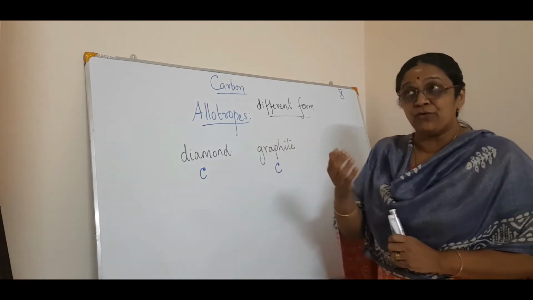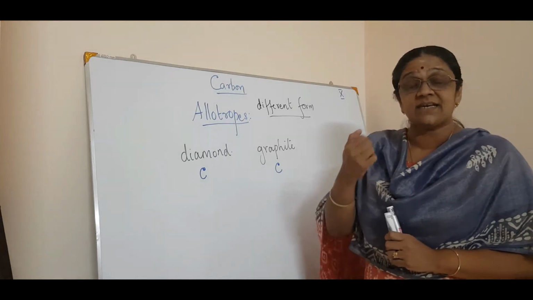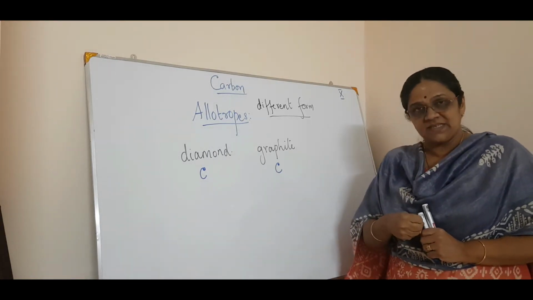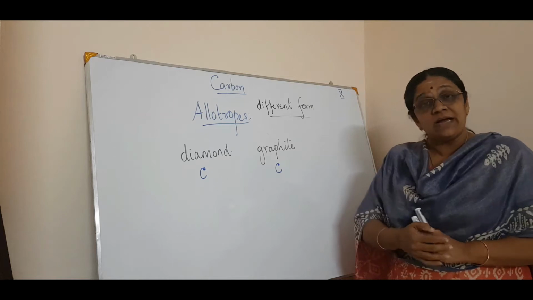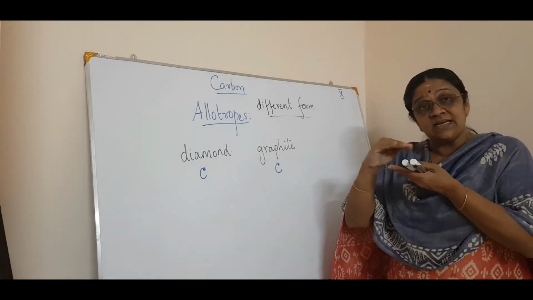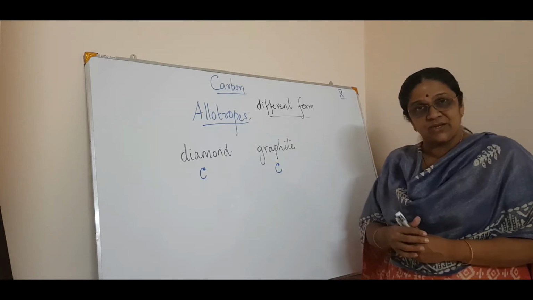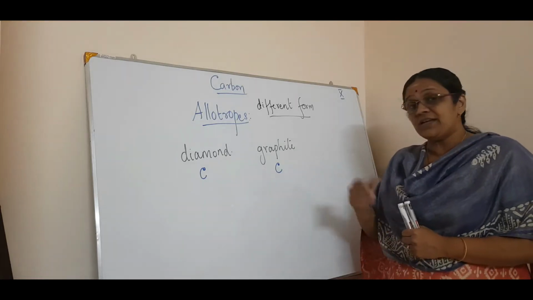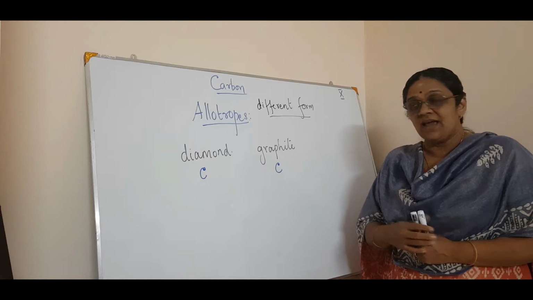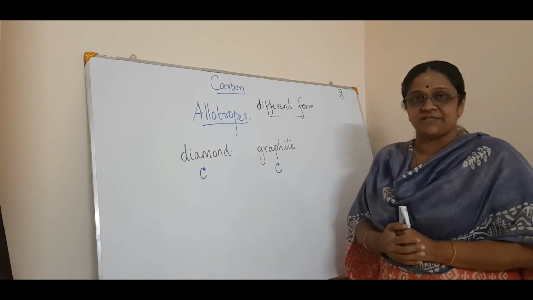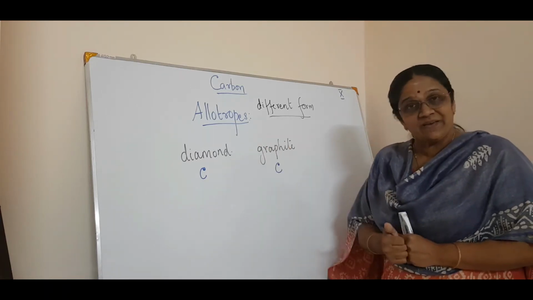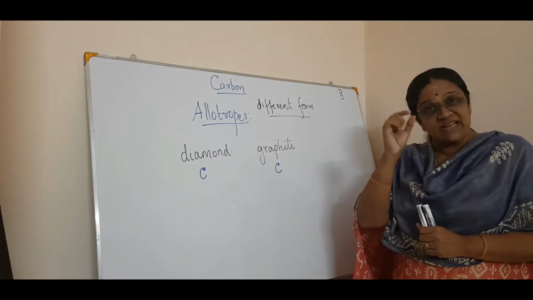If you know the properties of diamond, it is the hardest substance known, isn't it? But graphite means what? Graphite is smooth and slippery. That is why it is used as what? Lubricants. You have studied in lower classes. Graphite is used as lubricants, and diamond is one of the hardest substances, isn't it? This is used in jewelry and all. This is used in pencil heads and all.